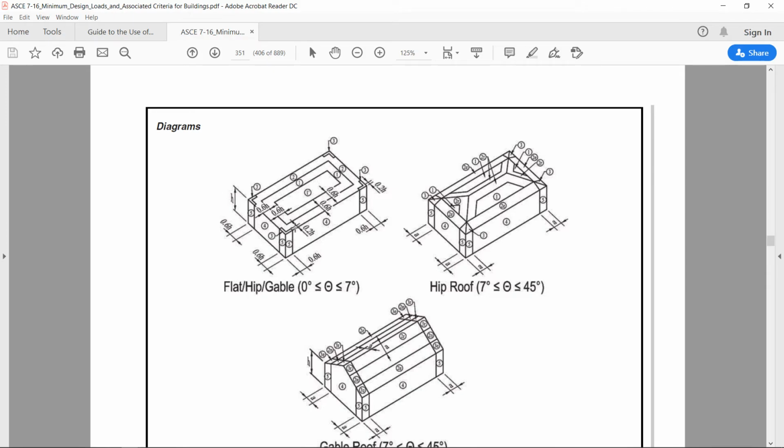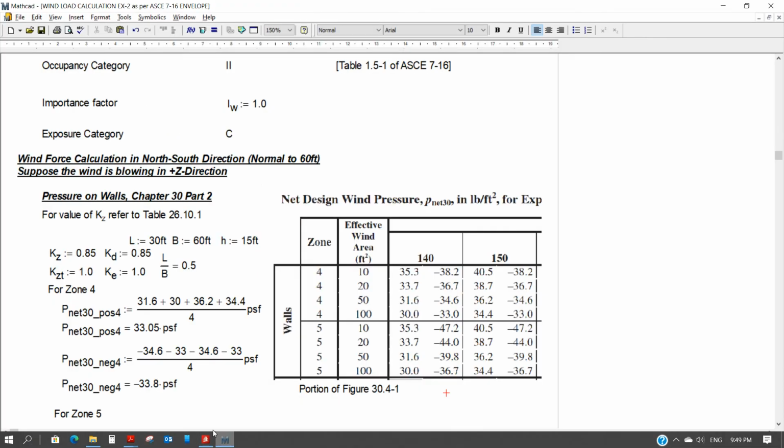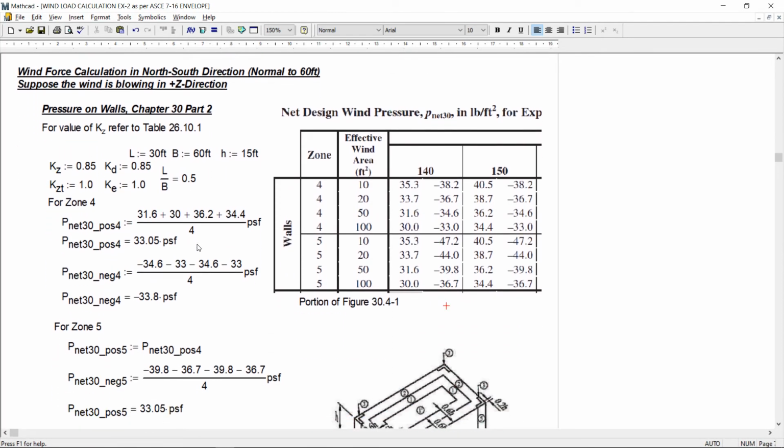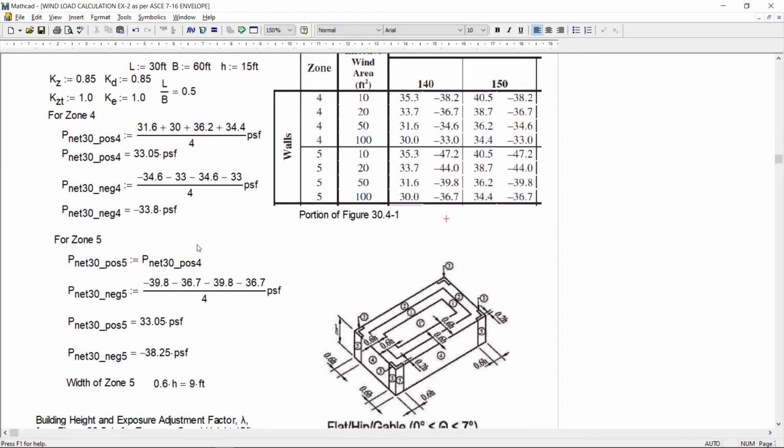So I took this first example because this is the closest one and all the dimensions are given. That means zone 5 is 0.6 times h on both sides. This is h, we know that in our case h is 15, and similarly the zones at the roof are defined. So the same procedure I used over there, and I calculated the net wind pressure for all these areas.